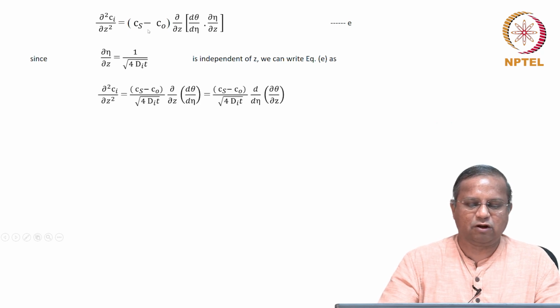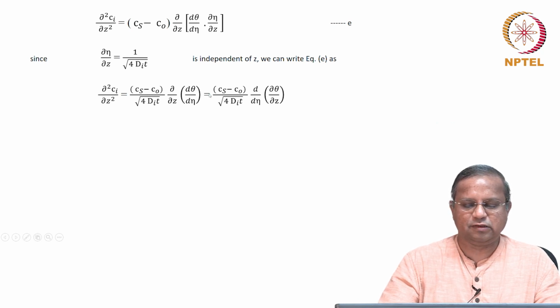So, if we take that out as a constant, dou squared Ci by dou z squared is nothing but Cs minus C naught square root of 4 Dit dou by dou z of d theta by d eta alone, this being a constant has come out here.